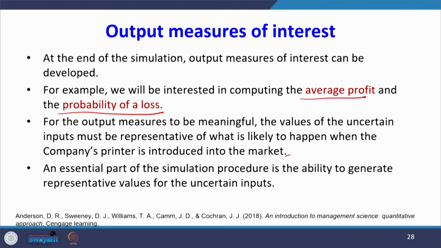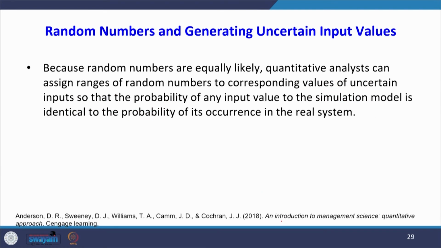An essential part of the simulation process is the ability to generate representative values of uncertain inputs. Because random numbers are equally likely, a quantitative analyst can assign ranges of random numbers to corresponding values of uncertain inputs, so that the probability of any input value to the simulation model is identical to the probability of its occurrence in the real system.